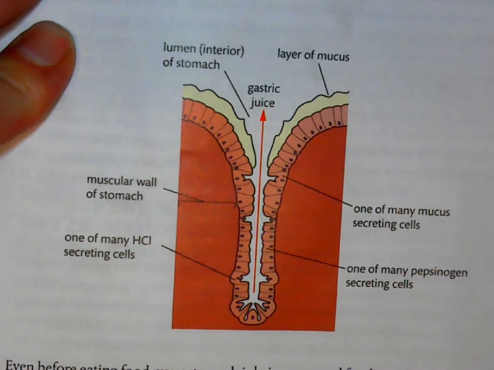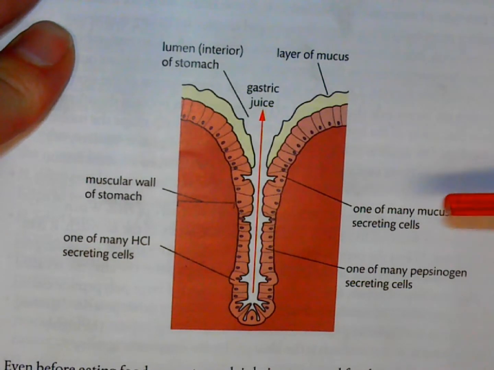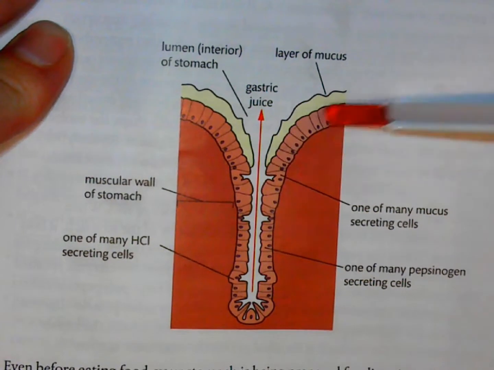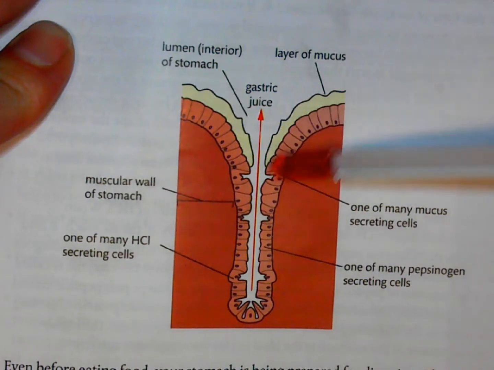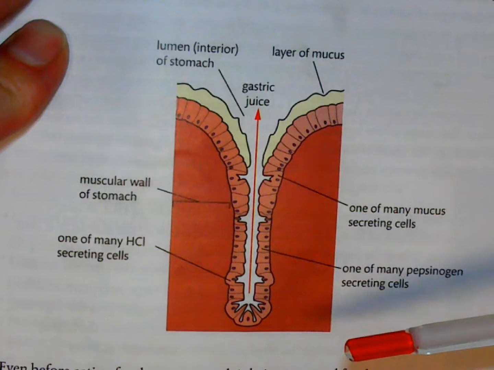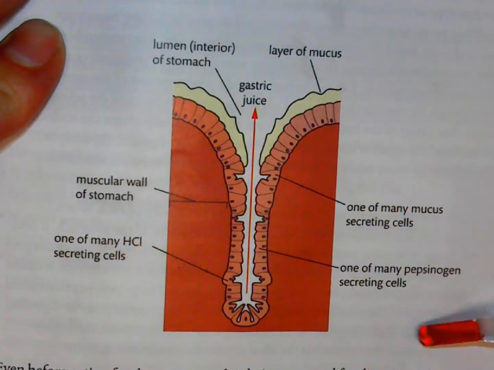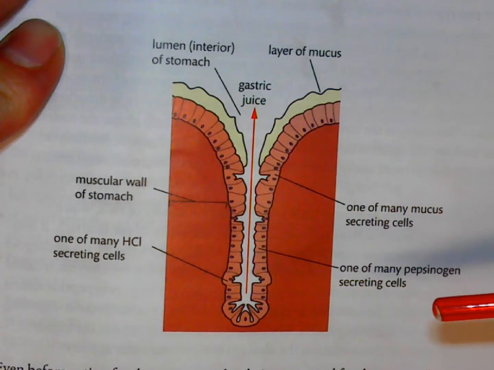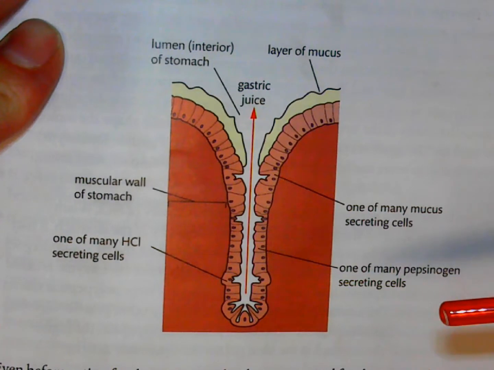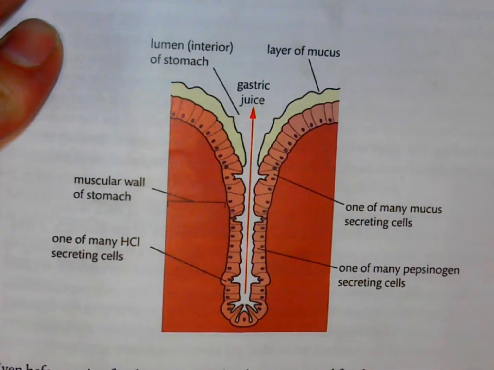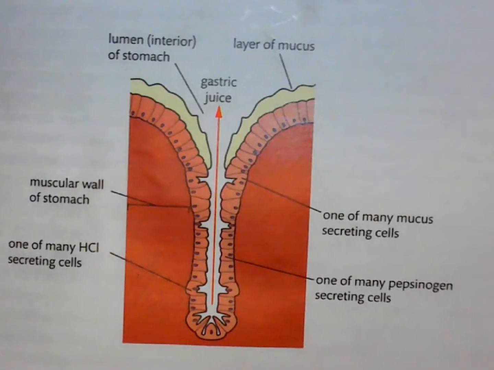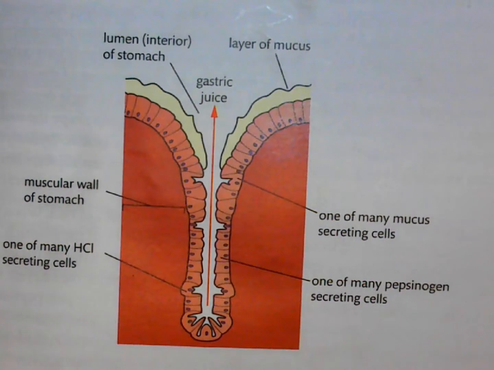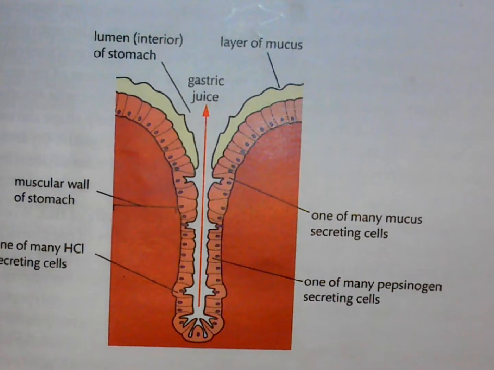The mucus, of course, is protecting the epithelium, the outside layer of cells, and the hydrochloric acid and pepsinogen are there for chemical digestion of our food. So let's just say that that's the end of part two, gastric pits and the three types of cells that are found in them.